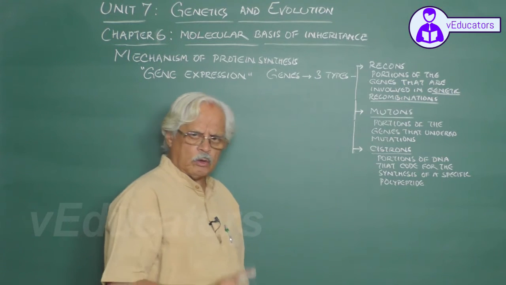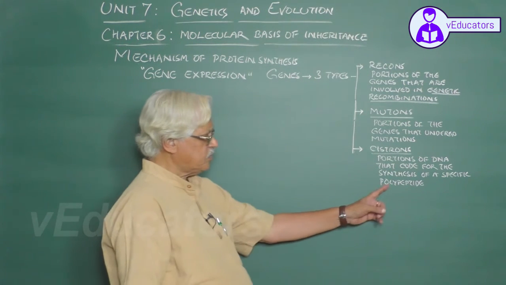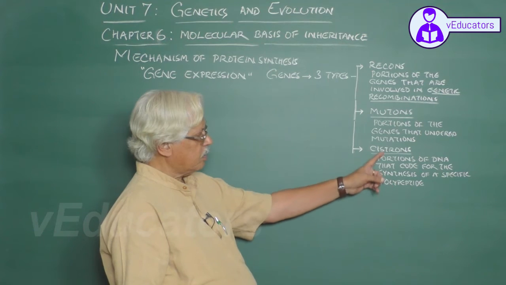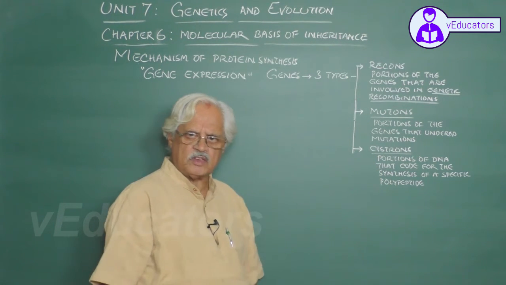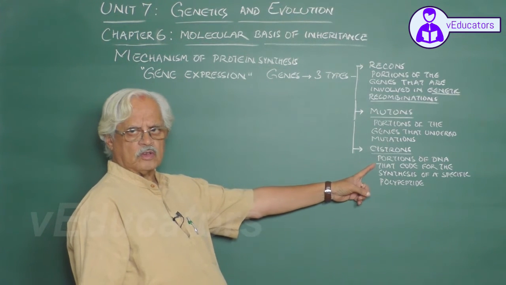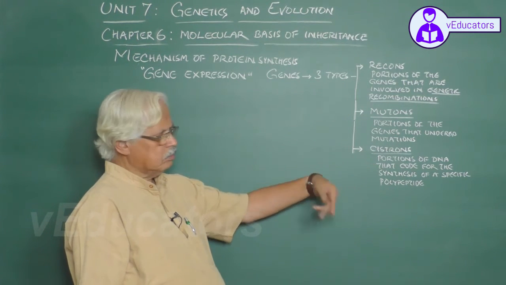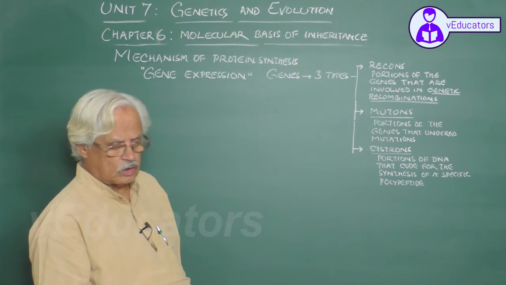A protein molecule may have a single polypeptide chain, which means it is coded by one cistron. It may have two polypeptide chains for which two cistrons are necessary, more than two, polycistrons, many cistrons are necessary.